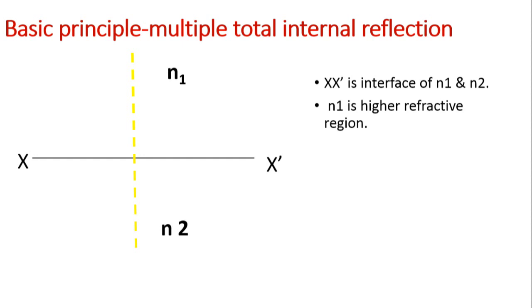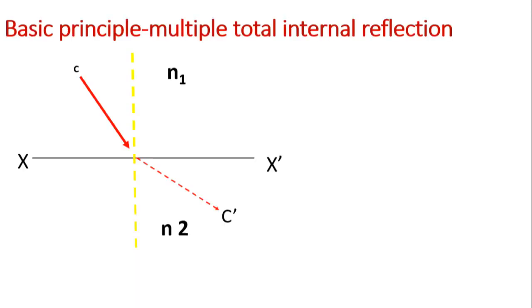Whenever the light is incident on the interface region at a certain angle with respect to the normal, see, this is the light which is initially going from the higher refractive index region to the lower refractive index.